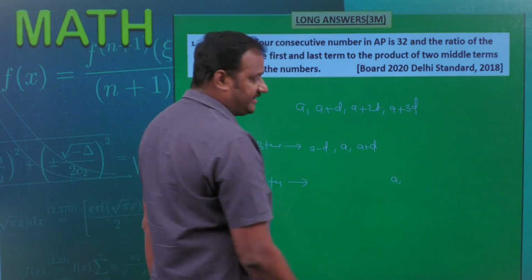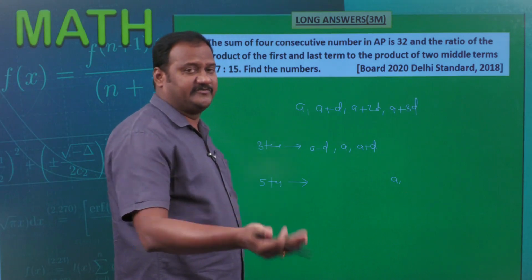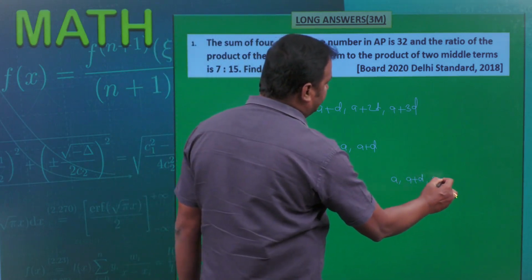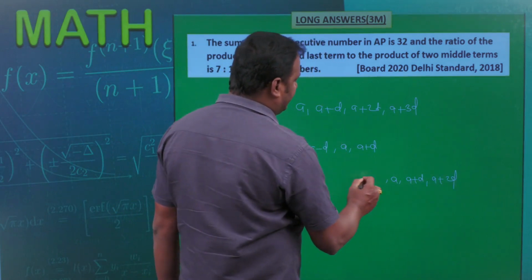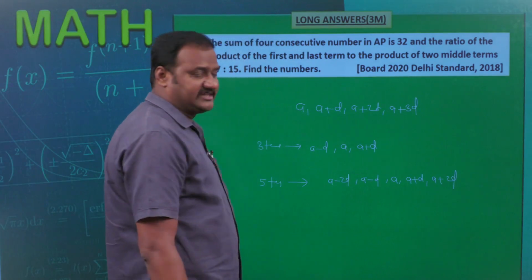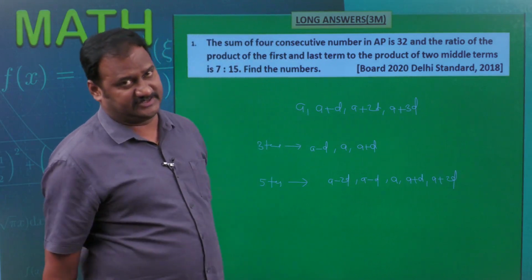First take A, after A take 2 terms and before A take 2 terms with the same common difference, that is A plus D, A plus 2D, and before that A minus D, A minus 2D. So this is the selection of an odd number of terms.